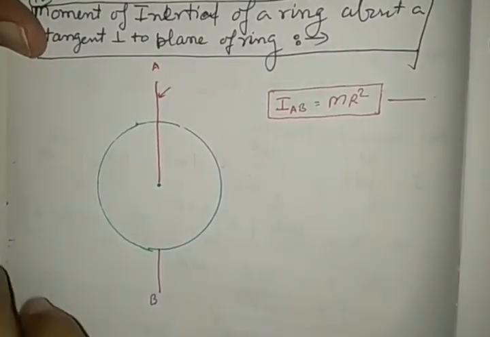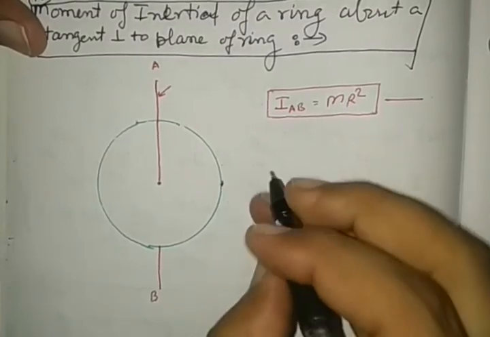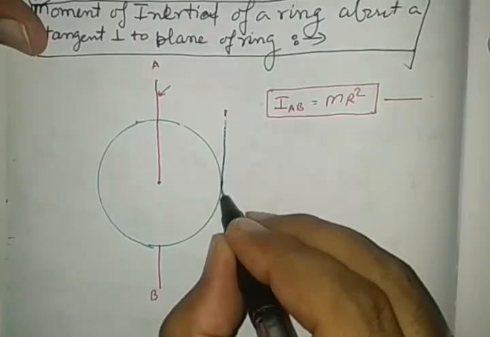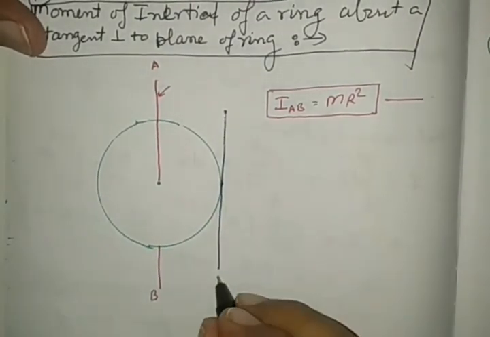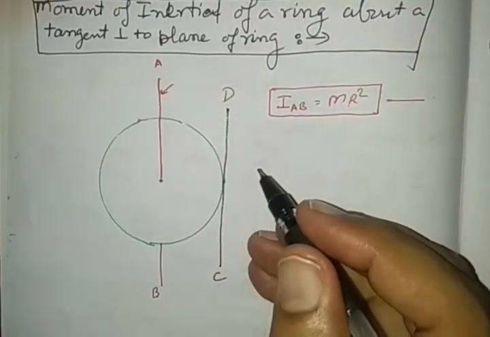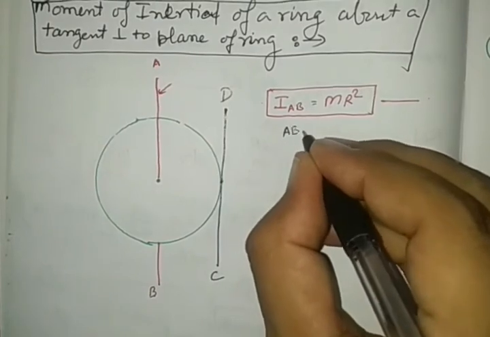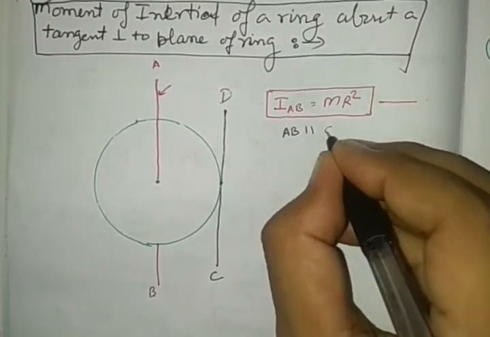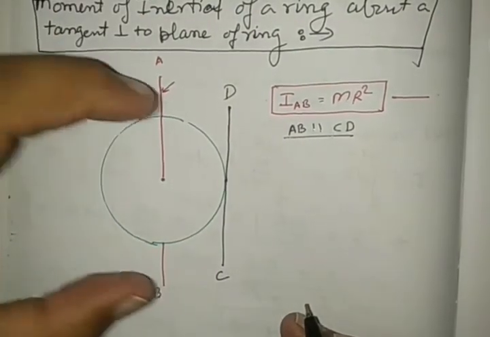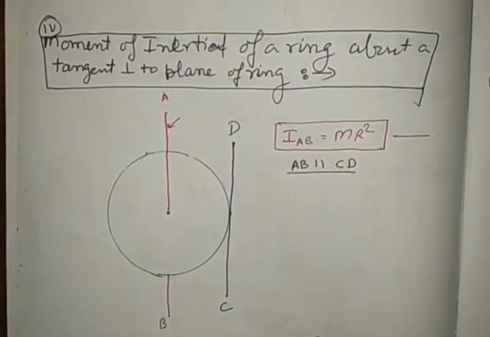This is perpendicular. Now the axis of rotation passes through this tangent. See this diagram. It is CD. This is also perpendicular, not in the plane, in such a way that AB is parallel to CD. If AB is perpendicular to the plane, this implies that CD is also perpendicular to the plane.